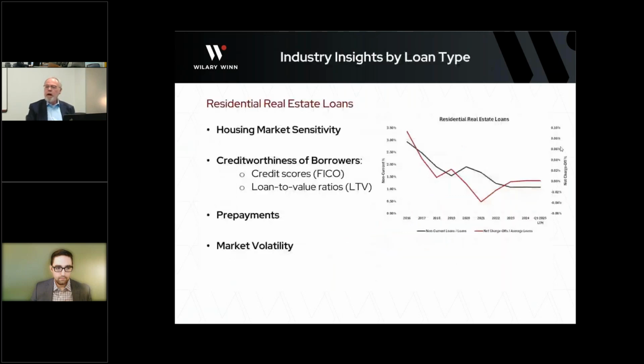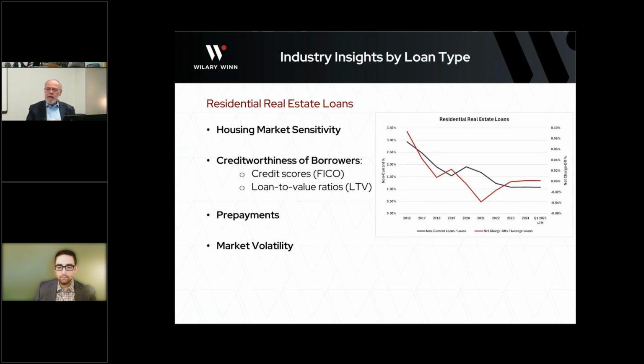Okay, if you think about residential real estate loans, what are they sensitive to? Well, they're sensitive to change in housing prices. It's obvious, the creditworthiness of the borrower, credit scores, loan-to-value ratios, prepayments, and market volatility. What's important in this slide is that if you're looking at these loans at a high level, at an aggregated level, you're missing a lot of things.